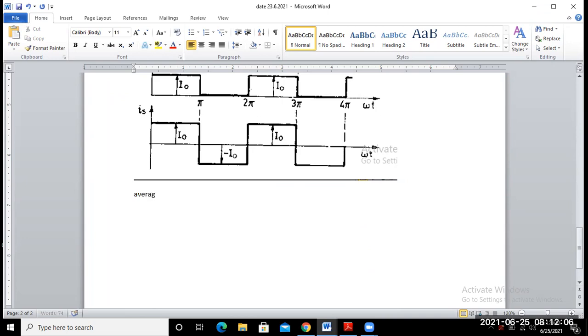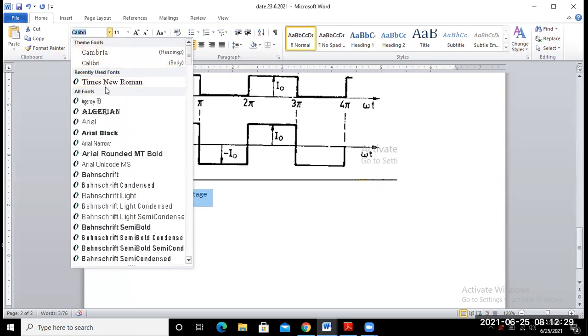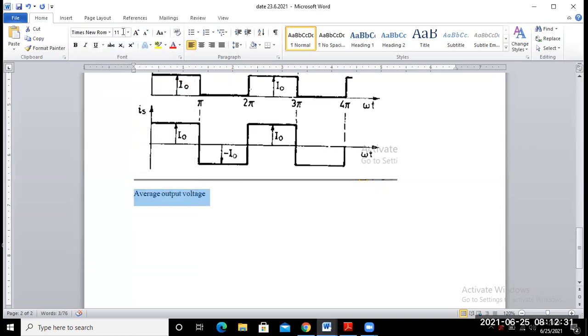Average output voltage, that means V0, is equal to how much?